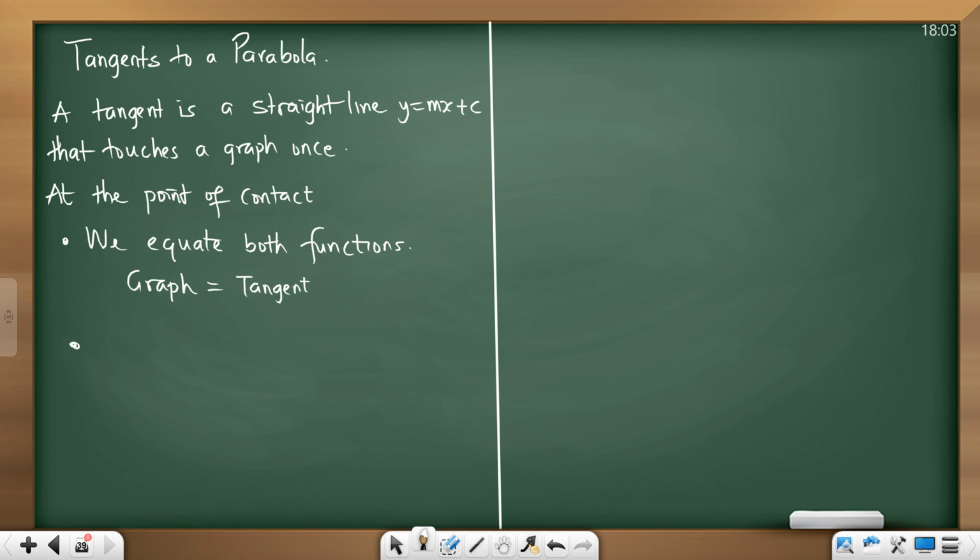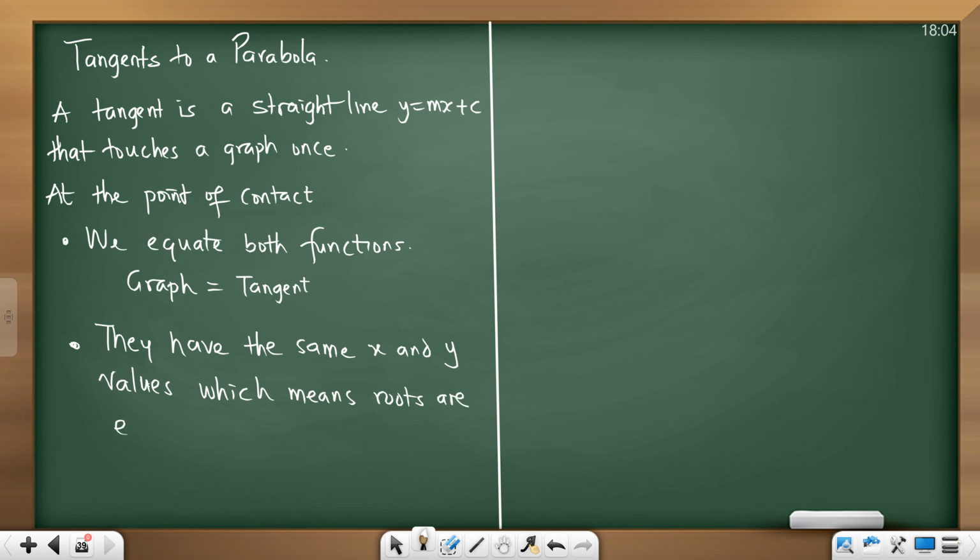Point number two, they have the same x and y values, which means the roots are equal, hence the discriminant equals 0.